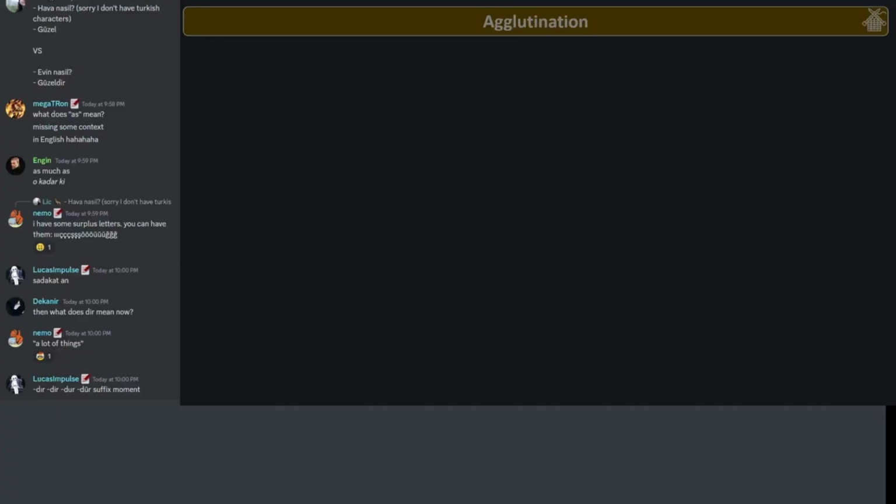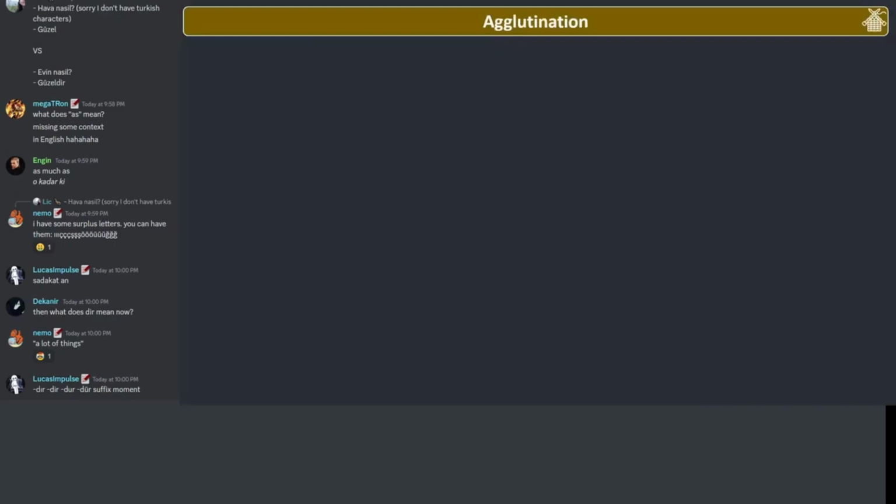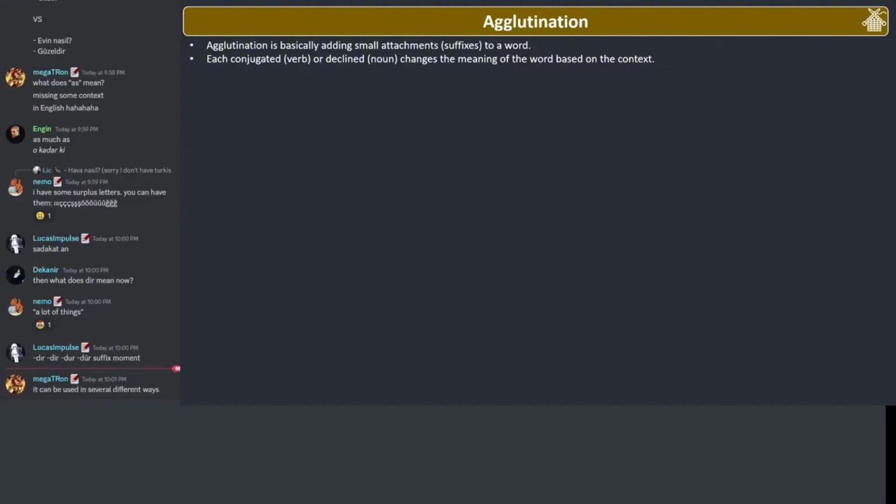I planned this lesson as one slide for basic things for beginners, and then one slide for advanced things. In this slide, we will talk about the basic agglutination. Agglutination basically means, in simple words, small attachments, small suffixes to a word.